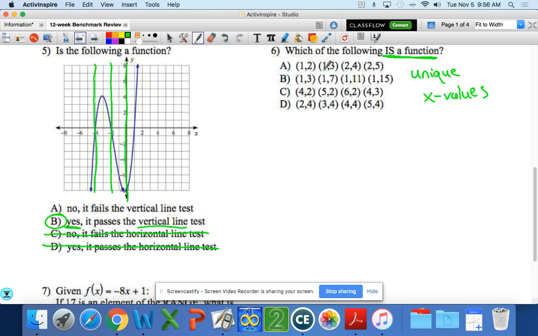So we're looking through: 1, 1, up. That one causes A to be incorrect. It repeated x values. 1, 1, oh, this one has all the same x values. That's a vertical line there. Okay, that one's out. 4, 5, 6, 4 and 4, that's repeating x values. 2, 3, 4, okay. That one had all unique x values, meaning that one is the function.